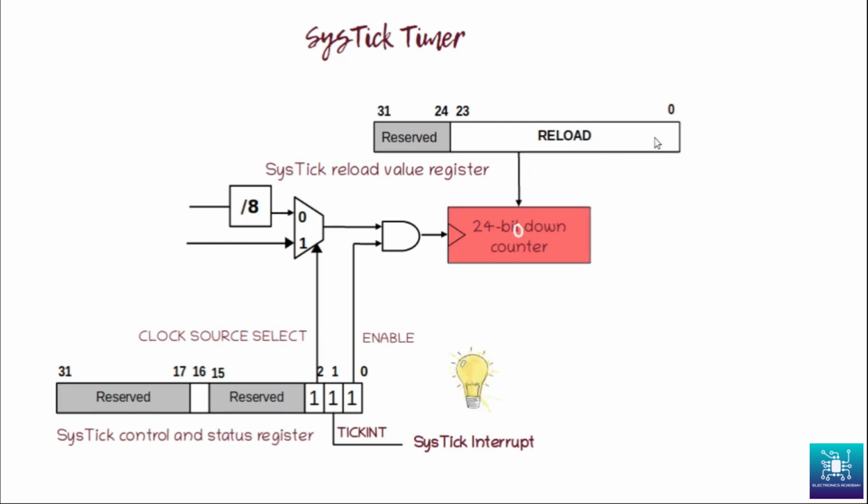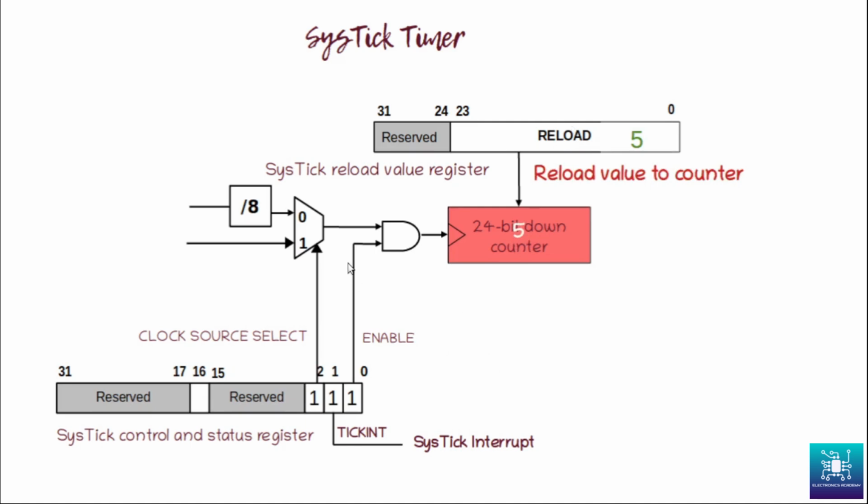As you can see, the value of 5 is loaded here, and the value of 5 is also loaded in the 24-bit down counter to begin with, and then the countdown happens. Once the value reaches 0, the 5 is reloaded again, and this repeats.